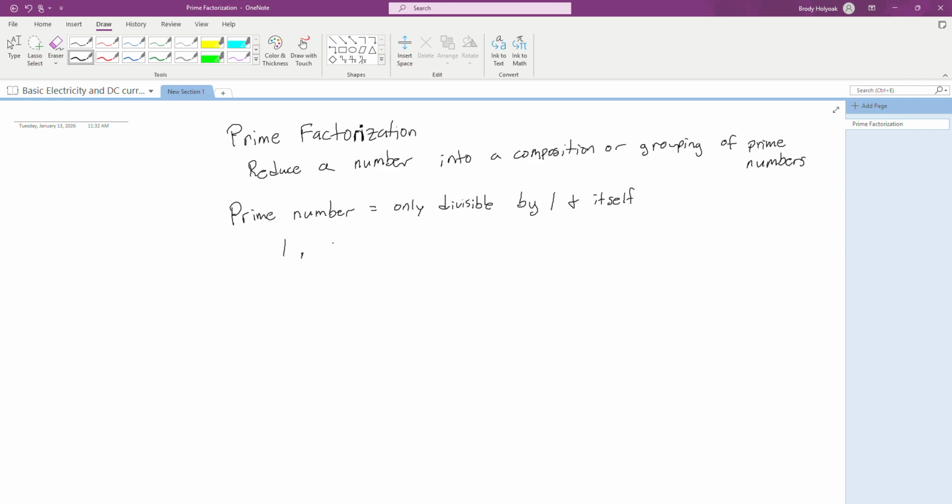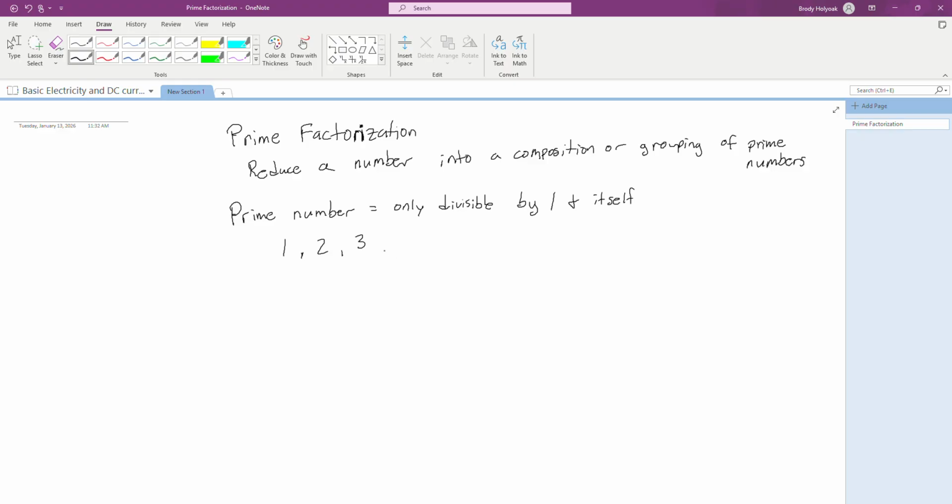When we get into the next number, we have 2. 2 is divisible by 1 and 2. There's only two choices that it can be. So 2 is prime. 3 is also a prime number, because only 3 and 1 can be divided into this number.